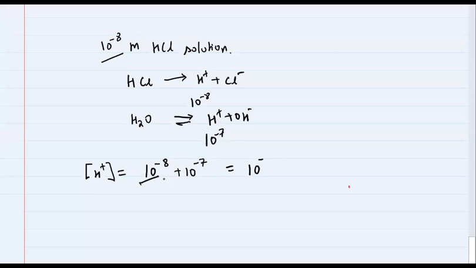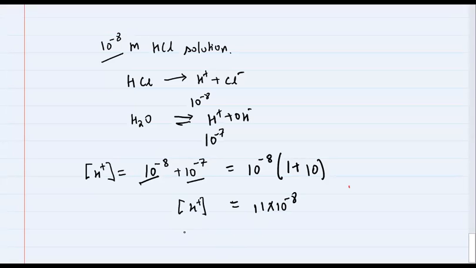Which is bigger? 10 to the minus 7 is bigger. Very good, so we will take the smaller one common. So 10 to the power minus 8 we will take common, and we will get 1 plus 10. If you take 10 to the minus 8 common, it will be 10. So it will become 11 into 10 to the power minus 8. So this is the concentration of H plus.